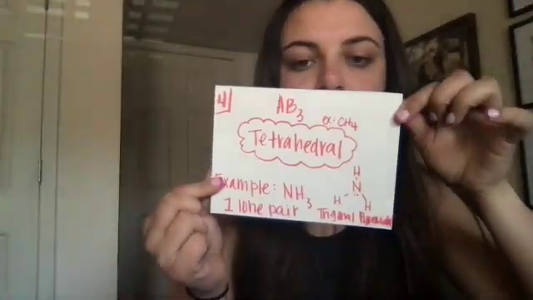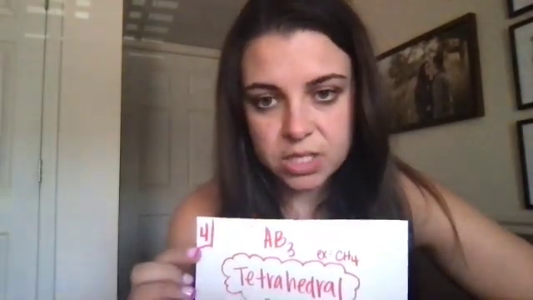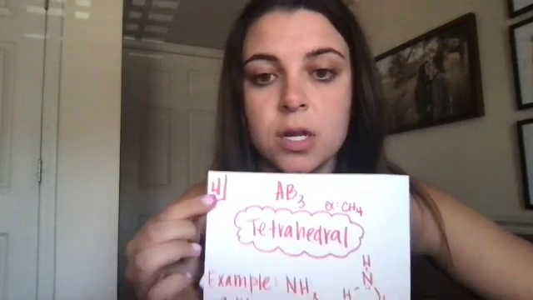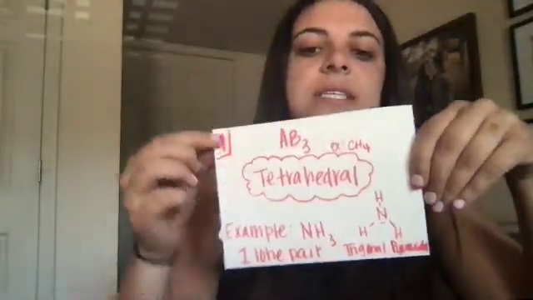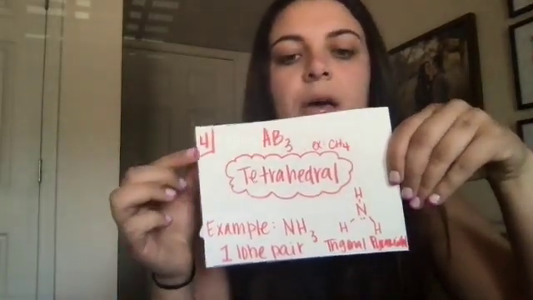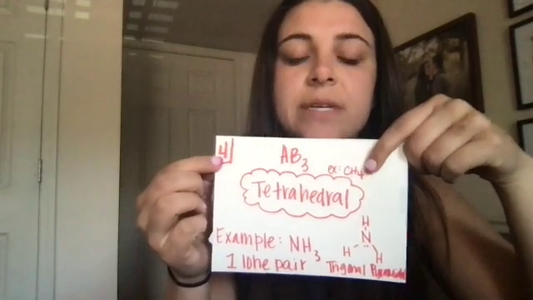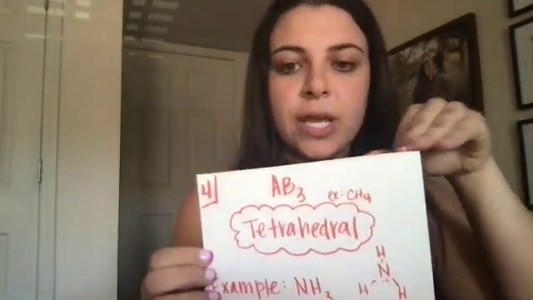Third, we are going to talk about our tetrahedral. There's going to be a few different types on our tetrahedrals, and they're all going to have that 4 electron domains with them. And so this is an AB3 molecule, tetrahedral shape. An example with no lone pairs is going to be CH4, and so that's just going to be your normal tetrahedral shape.